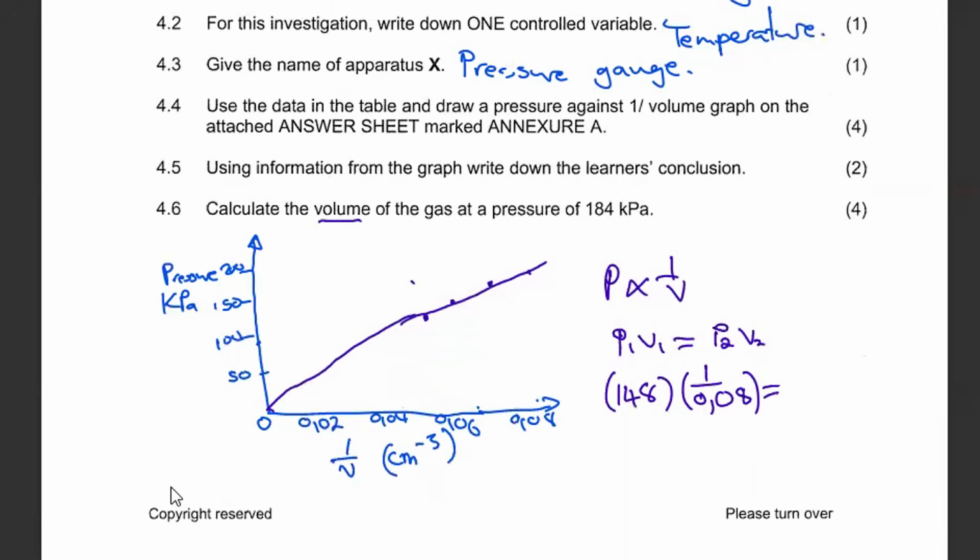Now we are asked to calculate the volume, so V2 is the one we are looking for. Here the pressure is given as 184, multiplied by V2. At the end of the day, we're supposed to make V2 the subject of the formula. If we divide, we're going to get 10.05.